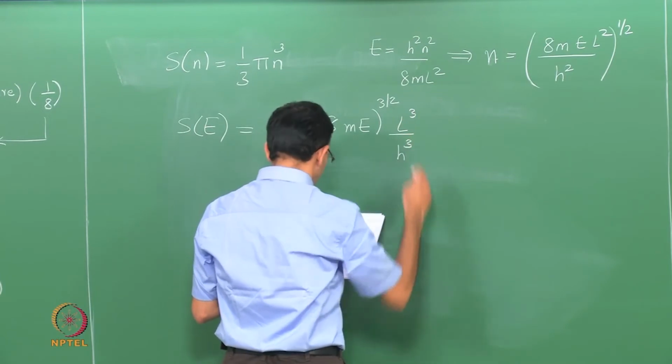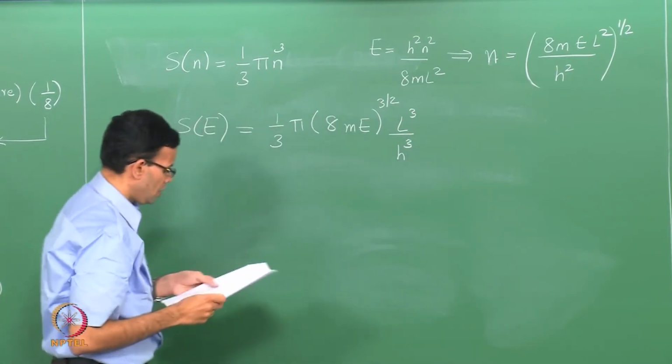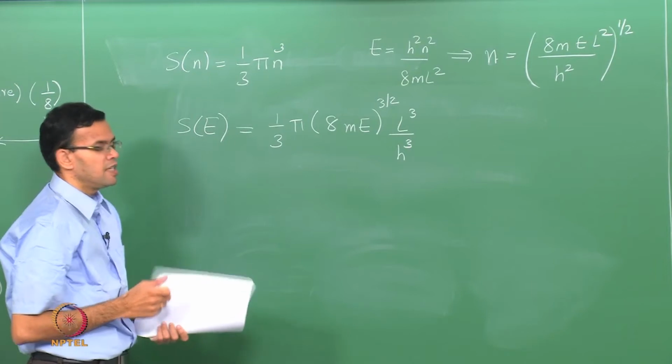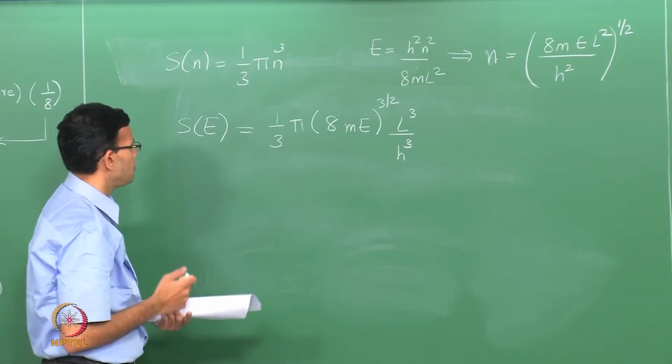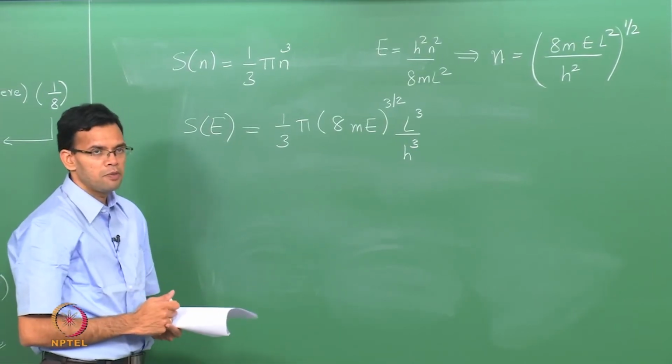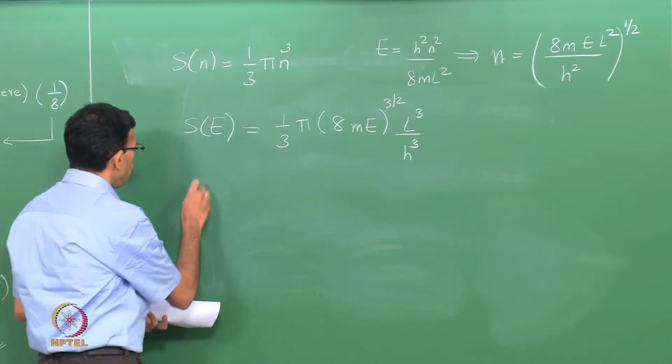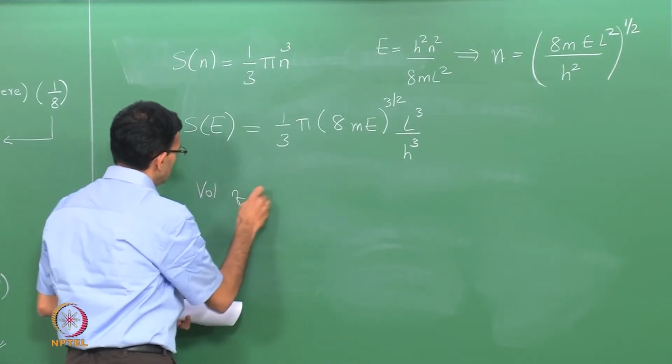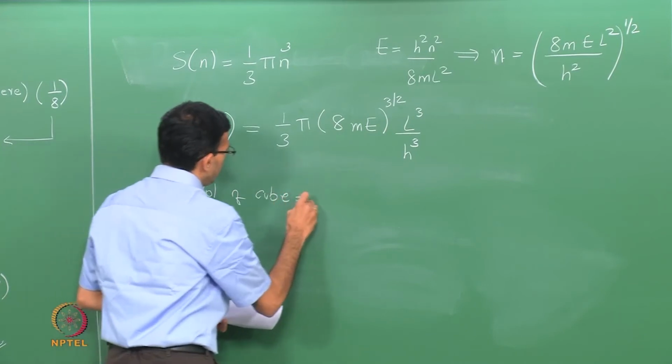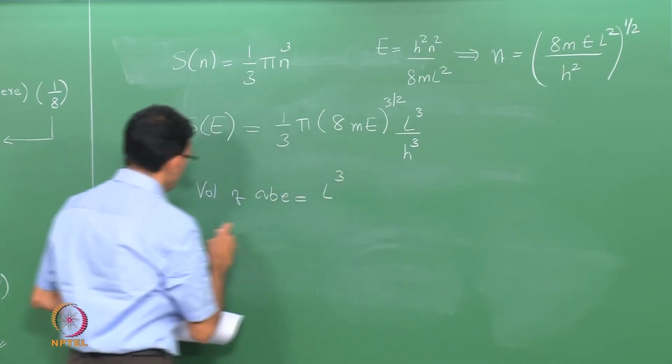Now the density of states is the number of states per unit volume per unit energy. So, the volume of the cube is nothing but L cube.